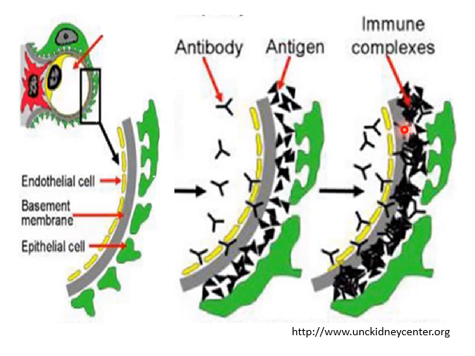So here we call it subepithelial immune complex deposits. These deposits will initiate an inflammatory process and lead to release of inflammatory mediators, cytokines, which will lead to injury and damage of the basement membrane and accordingly escape of proteins through the glomerular filtration barrier.